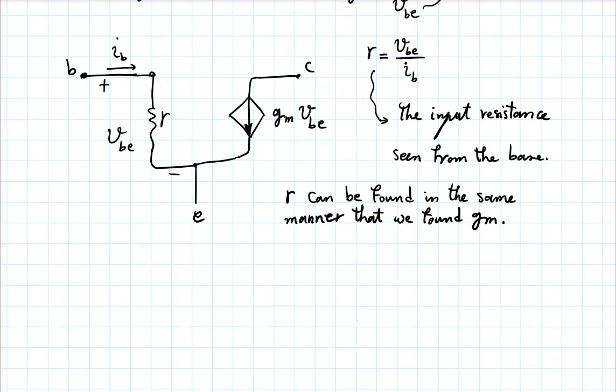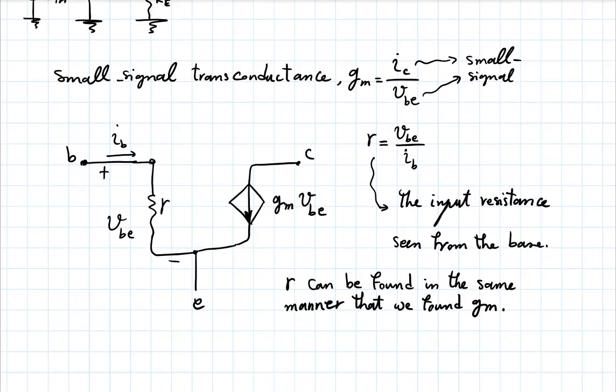Now remember that these small signal parameters depend on the bias point. We saw last time that gm was the bias value of current, capital I_C, divided by V_T.